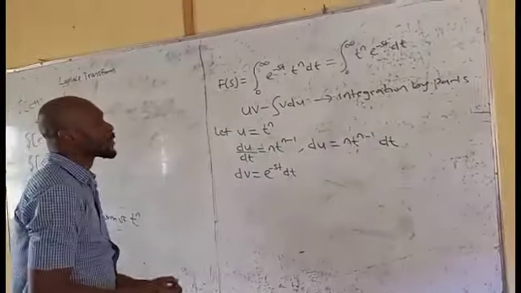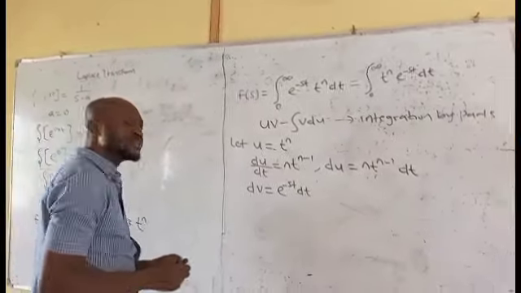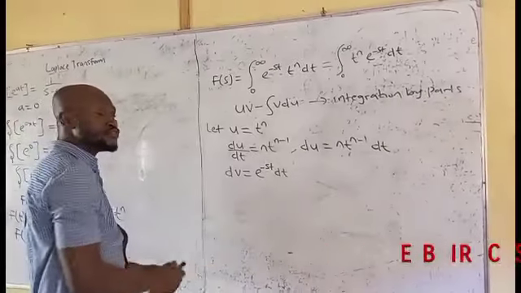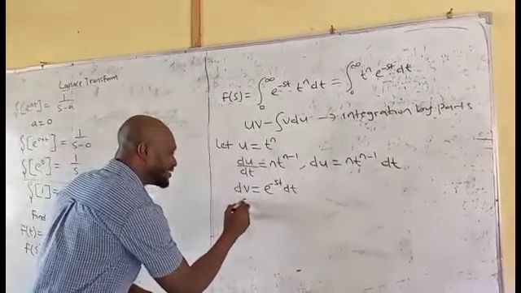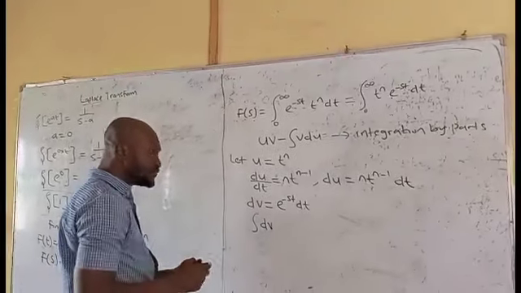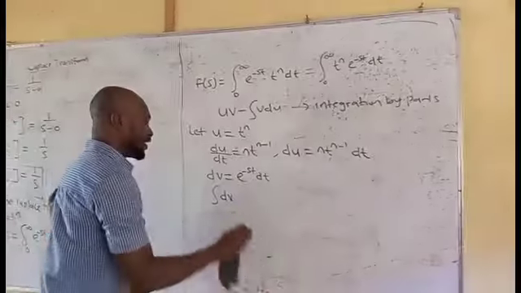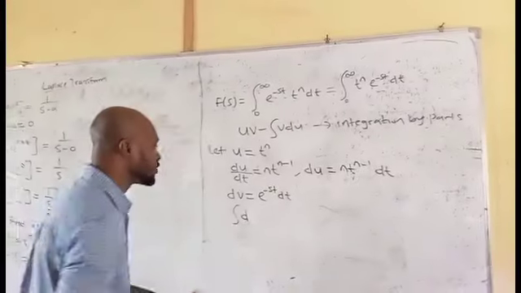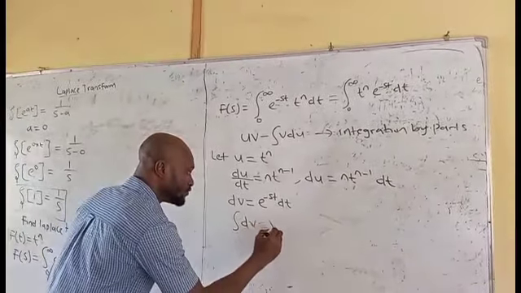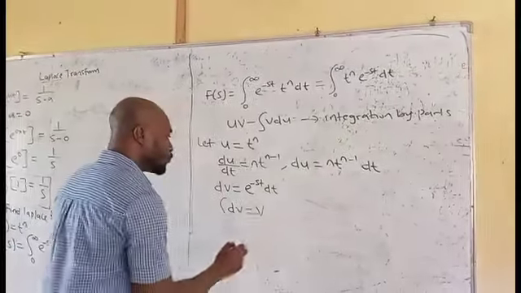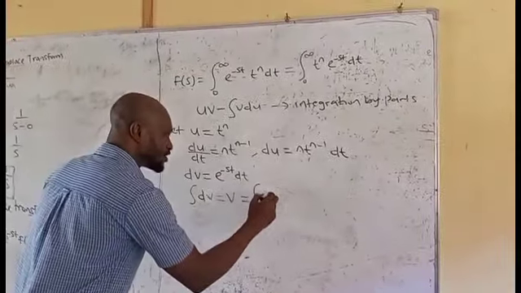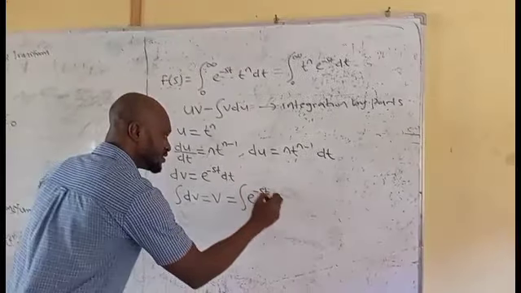So now, what I'm going to do is get a value for v. And how do I get a value for v? I will integrate, meaning that the integral of dv is also known as the integral. So the integral of dv will give you what? v. And my v will give you the integral of this exponential raised to the power of minus st dt.